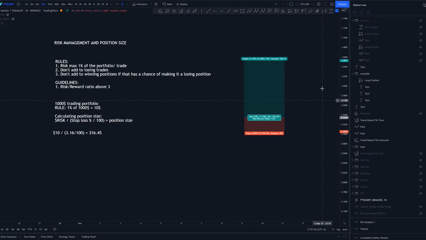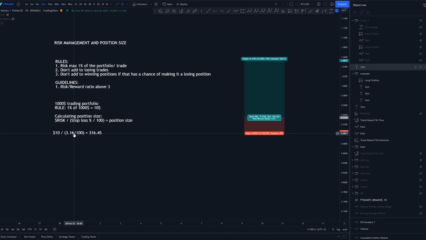So if we found a setup on a chart and we got a stop percentage of 3.11, and we got a risk to reward ratio of about 4, that is fine. So we need to take this stop percentage into consideration, and we can calculate our position size here.